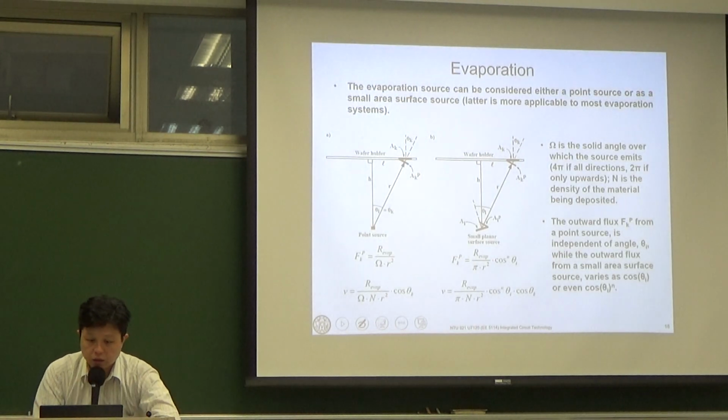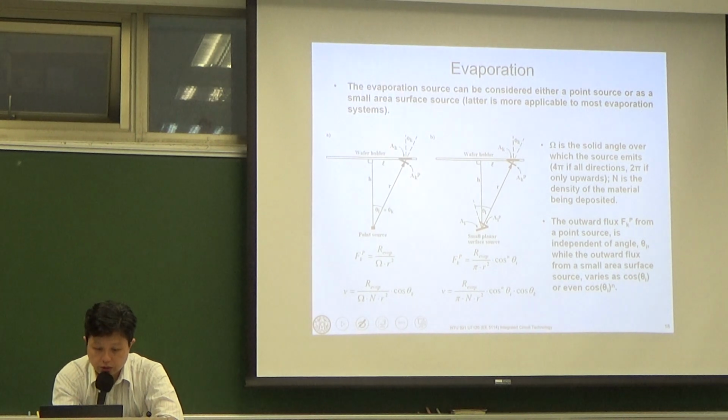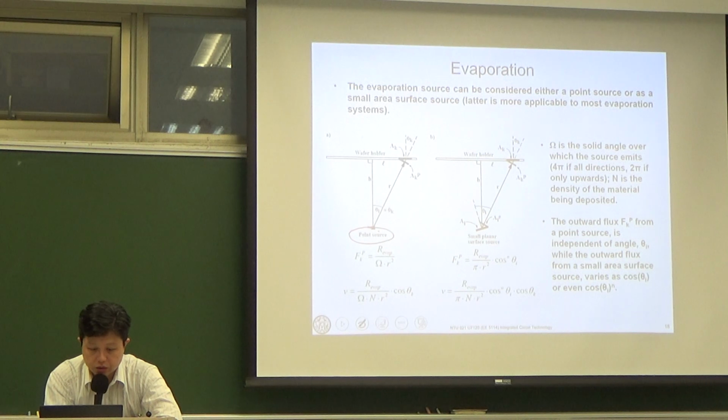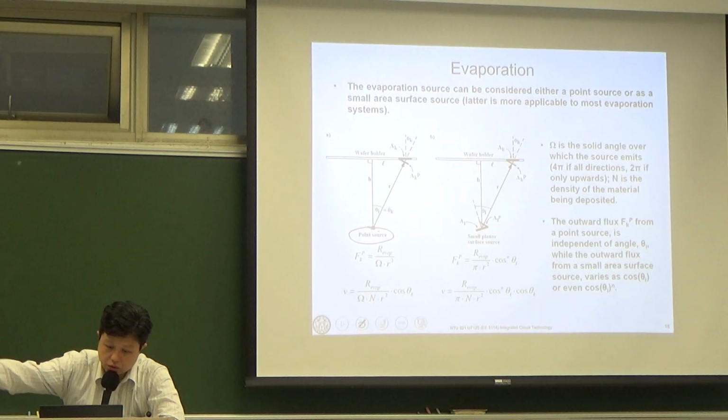Now we explain the mechanism of evaporation. We use an ideal case, a point source, to explain this. When you do the evaporation, it goes in all directions.